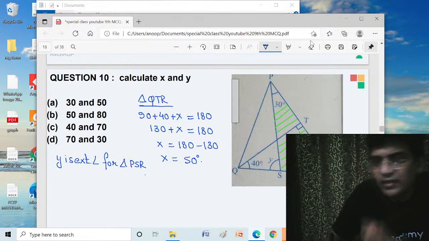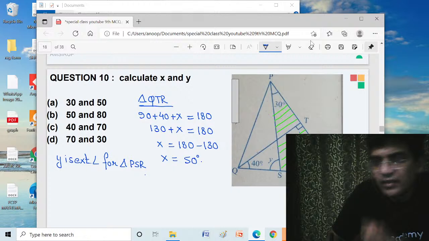So I can say that y is equal to 30 plus x. And what reason can I give? As you can see that y is the exterior angle, so we know that exterior angle is equal to the sum of interior opposite angles.